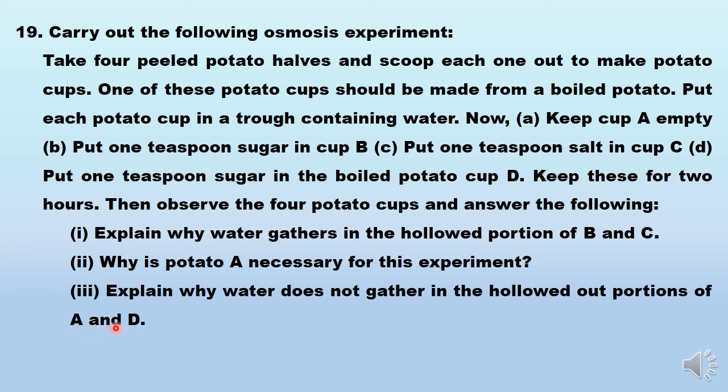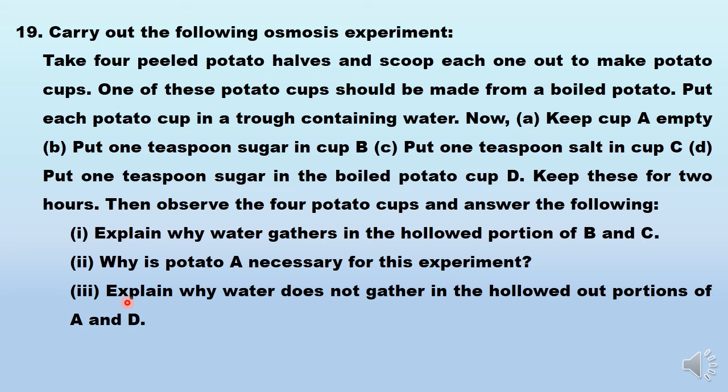Now, what is special about D? So, let me give you a hint. You have to consult activity 5.6 very carefully and a few lines in its conclusion, and you will find your answer. But here I will briefly explain that D was made up of a boiled potato. So when we boil the potato, we are actually damaging all its cellular structures, including the plasma membrane.